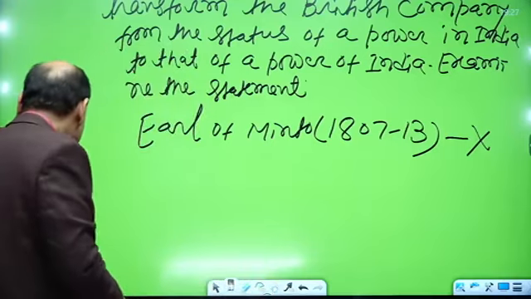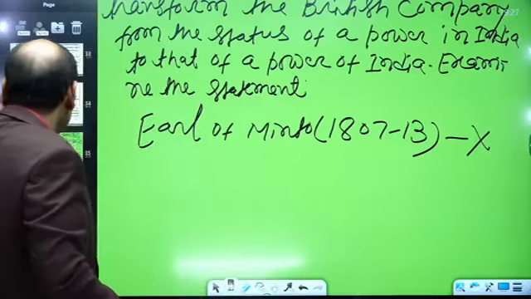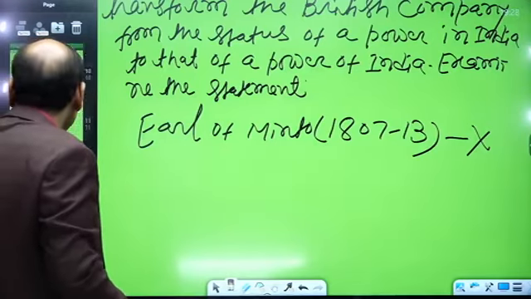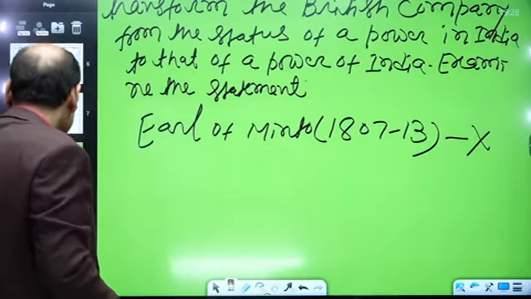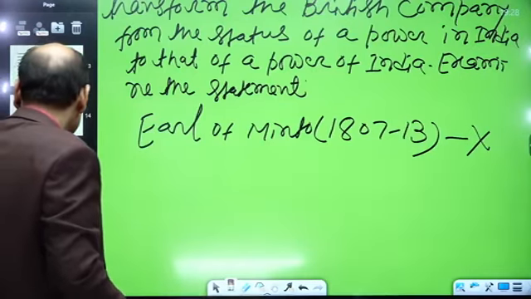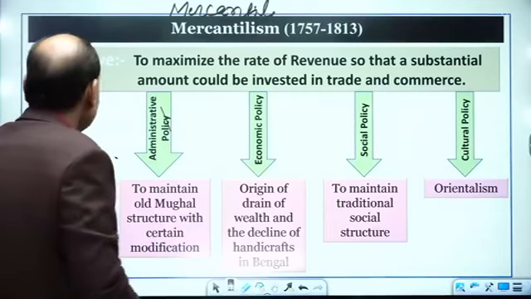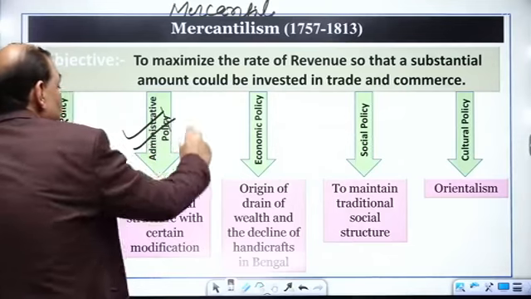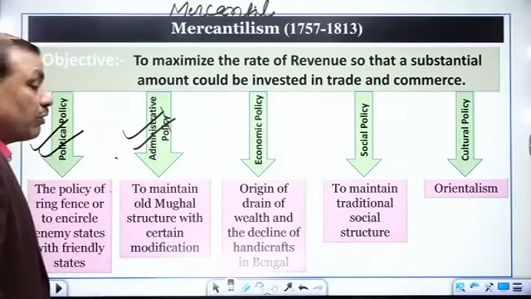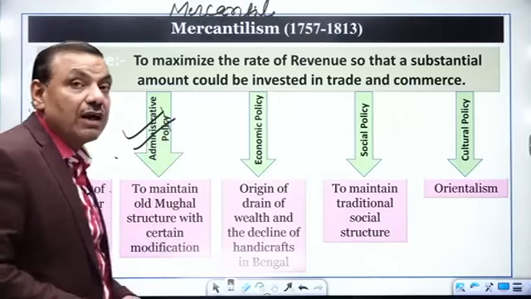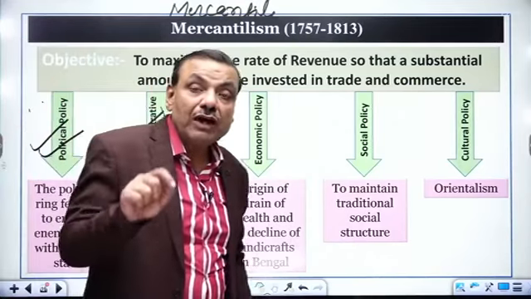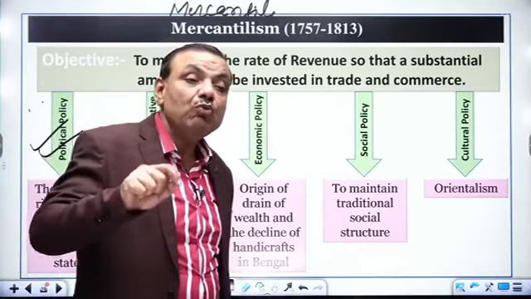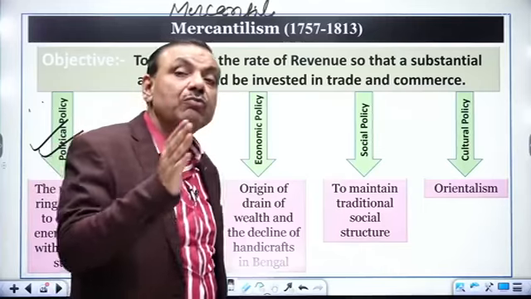So my students, now if you return to the diagram again, in this diagram this point is over, and now you have to move to this point, administrative policy. What was the British administrative policy at that time? The British administrative policy was to maintain the old Mughal structure with certain modifications.